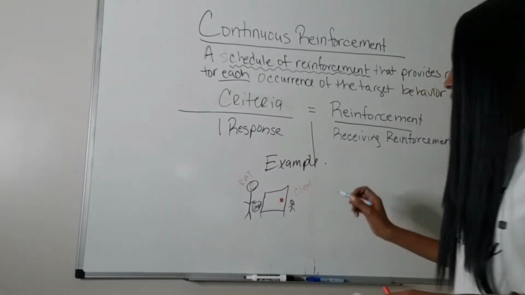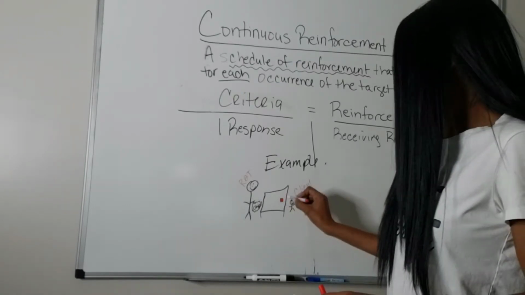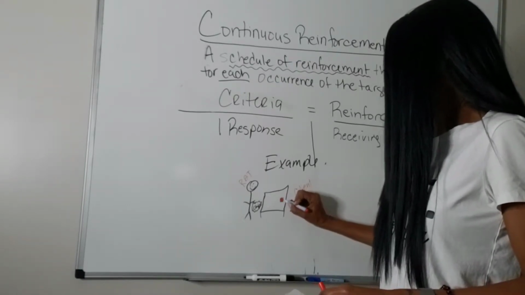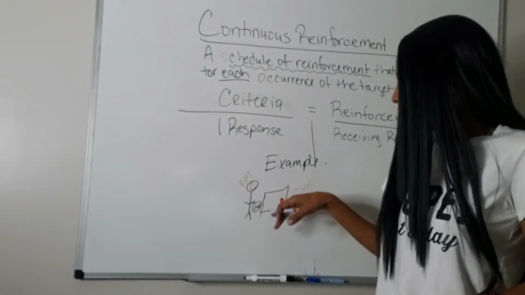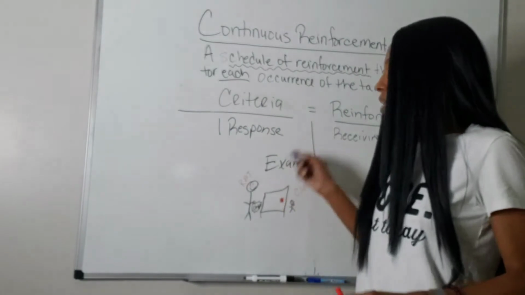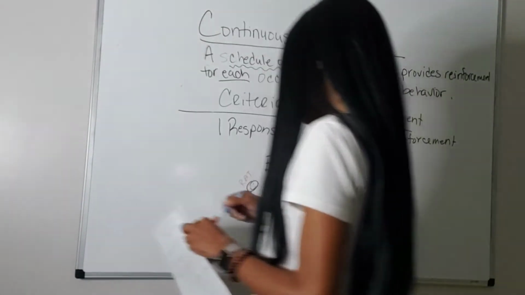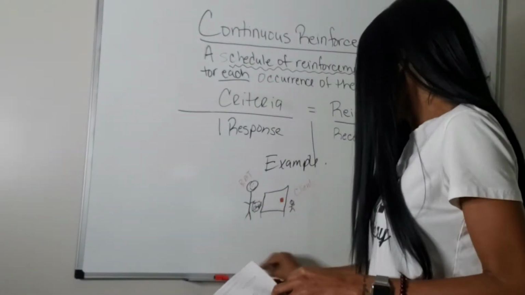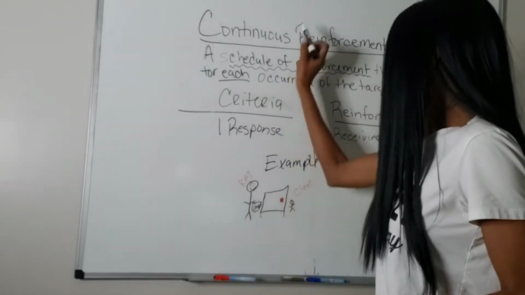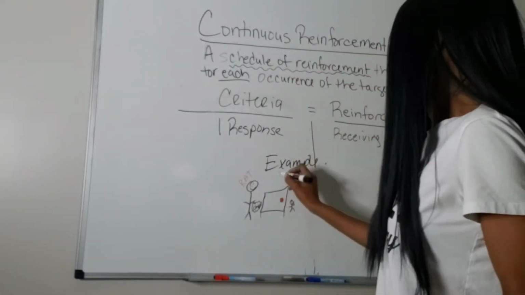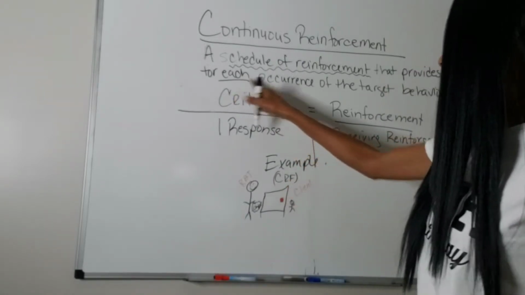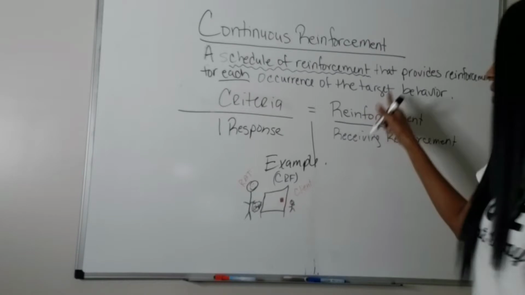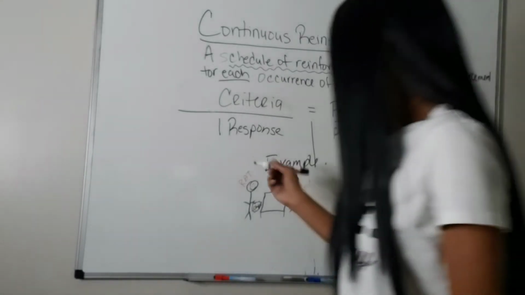All right. So the RBT has a red square, and the RBT is trying to teach the kid to touch the red square. So when we're looking at this, for a continuous schedule, which is a CRF, it's saying that after each occurrence of the target behavior. So what is the target behavior?